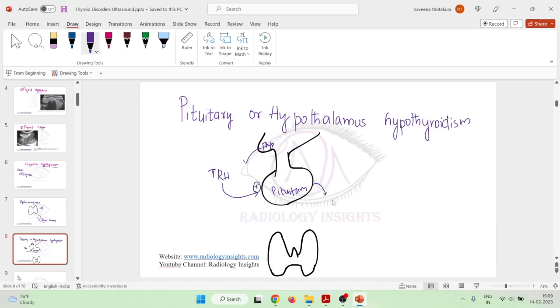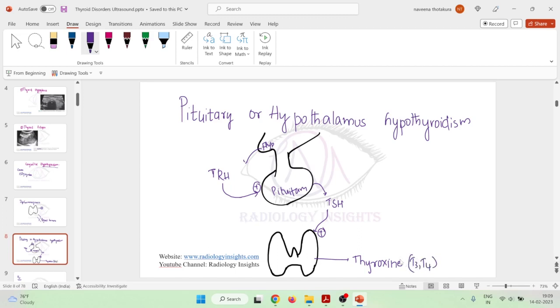The pituitary gland will produce thyroid stimulating hormone. This thyroid stimulating hormone will activate the thyroid gland, which is responsible for the production of the thyroid hormones, T3 and T4.